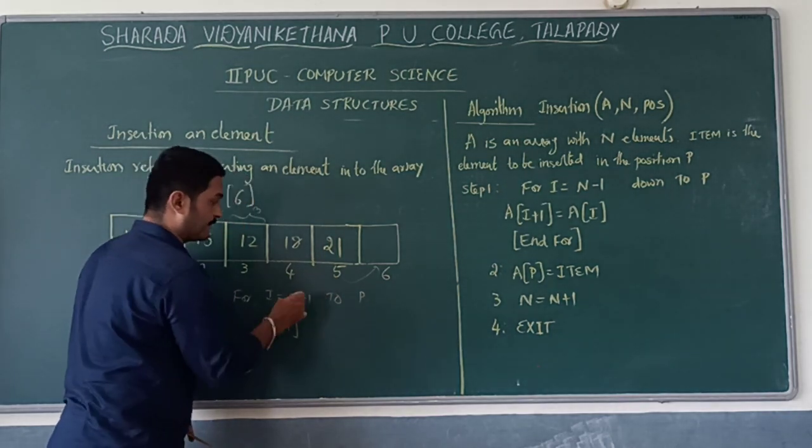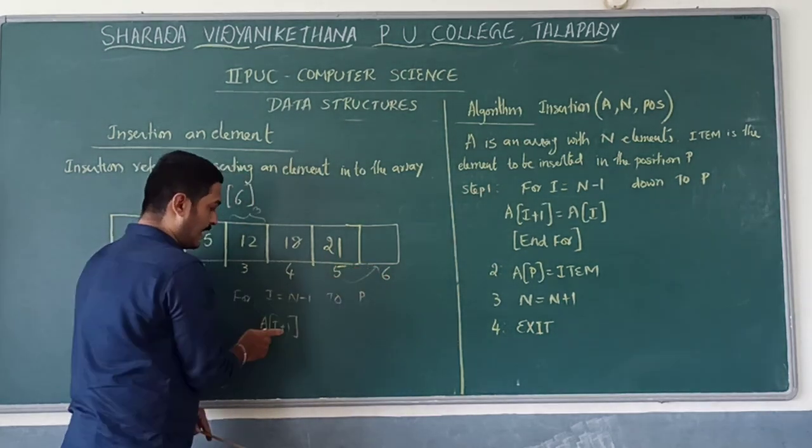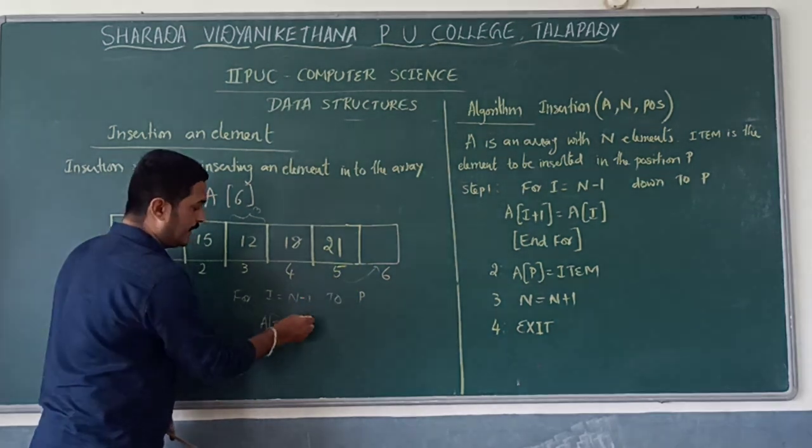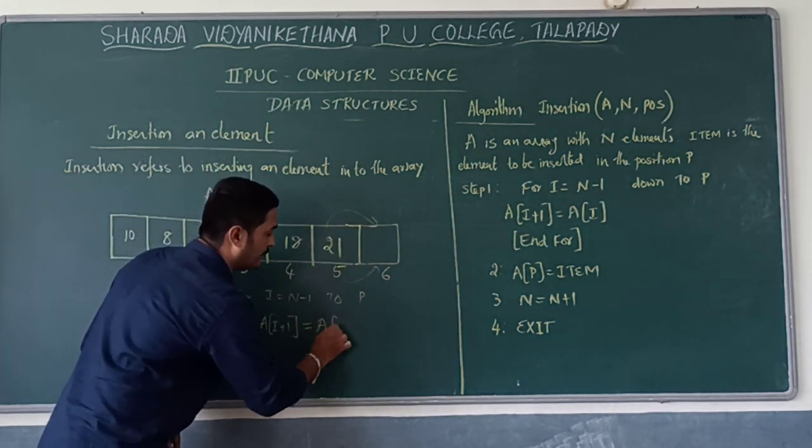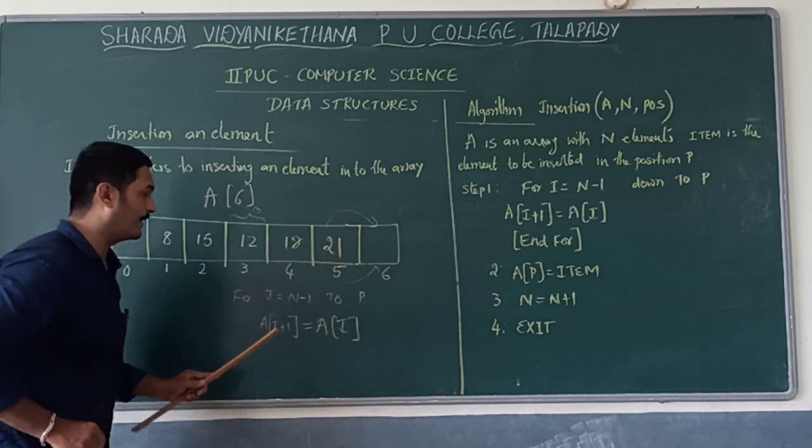So we use the next location, I plus 1, and it will be assigned the value of the previous location, A of I.